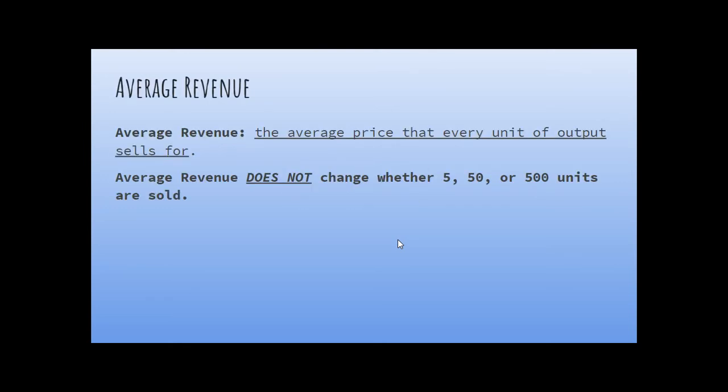Average revenue is the average price that every unit of output sells for. To make sure you make a point of this, average revenue does not change whether 5, 50, or 500 units are sold. Average revenue is just the base price that something sells for.